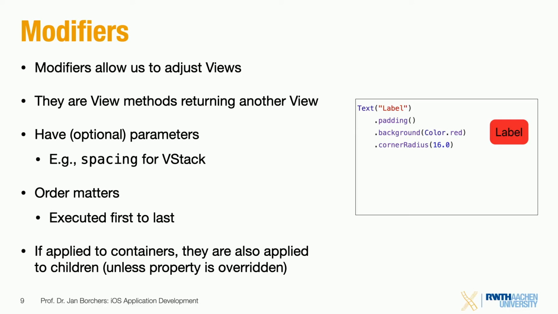So modifiers are basically used to adjust views. And again, the way it works is different from what you're used to. Because a modifier, you can see this from the dot syntax, is actually a method of the view. Right? So the text view here has a method called padding. And when you call that, you don't pass anything in there.